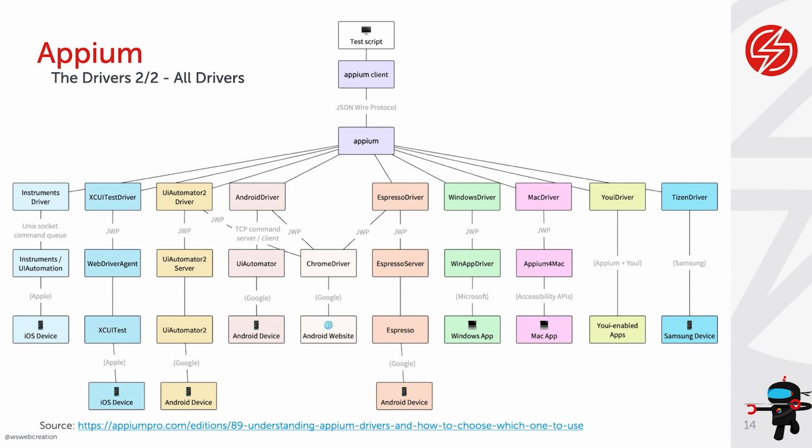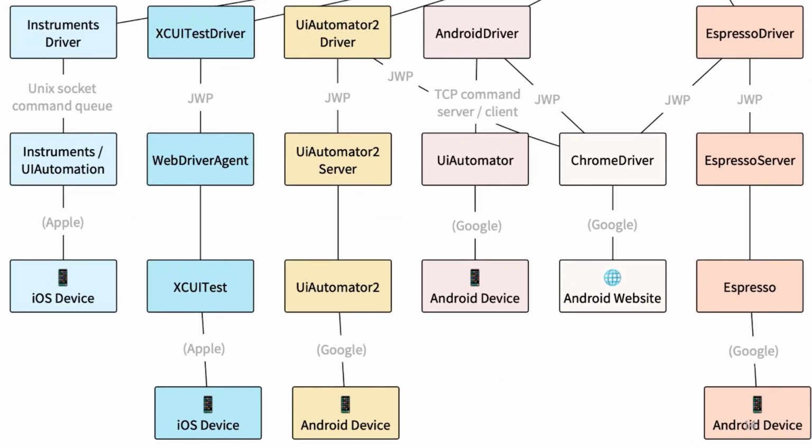Or maybe not, but basically if we zoom into the things that we use a lot, especially within Sauce Labs, then you would see that we have two drivers that can be used for iOS: one driver for the native part of your native application or the native part of your hybrid application, and a driver to communicate with Safari.